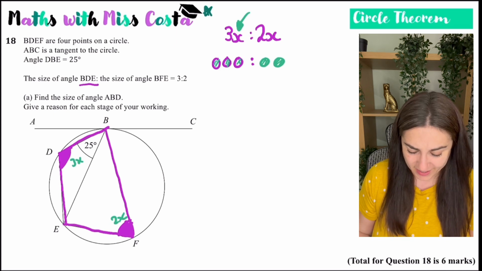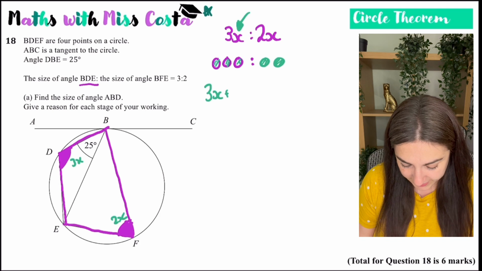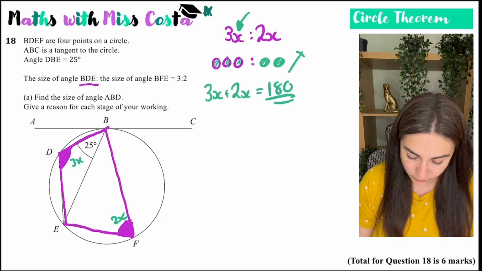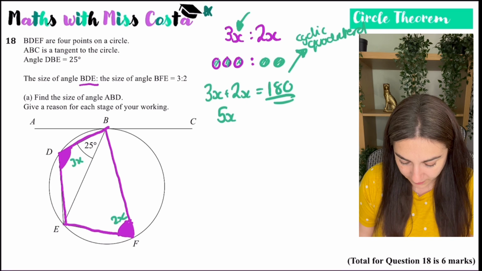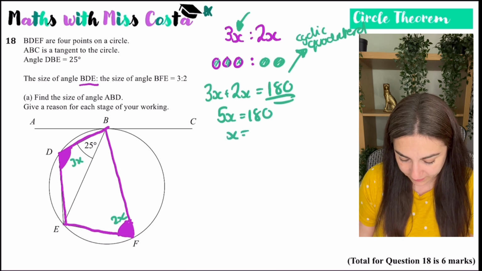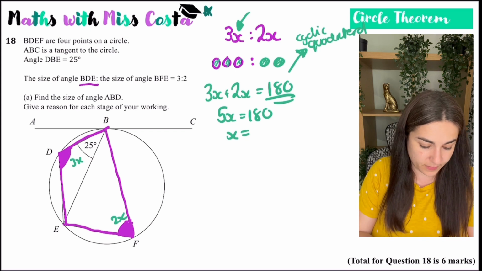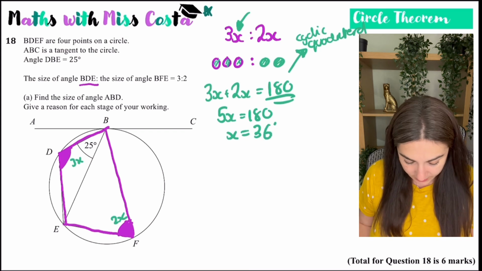The reason I do that is because I can then form an equation. So 3x plus 2x must equal 180, and the reason would be cyclic quadrilateral sums to 180. So 5x equals 180, therefore x equals 180 divided by 5, which is 36 degrees.